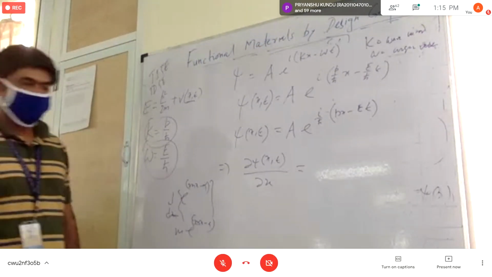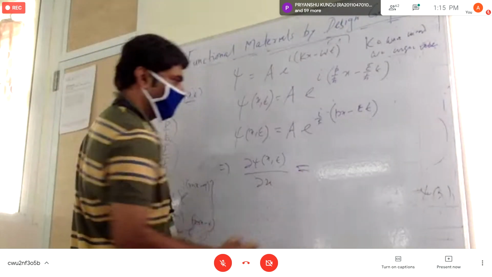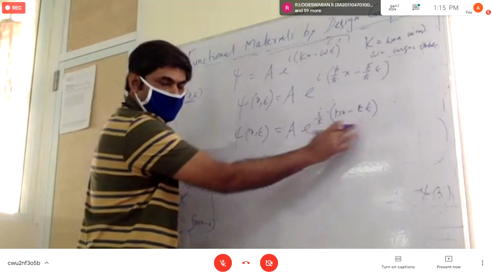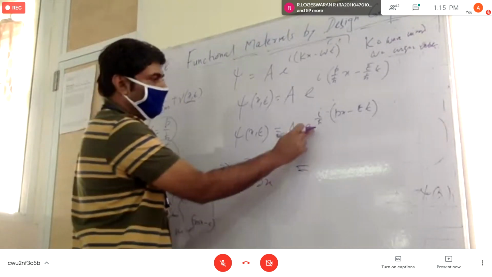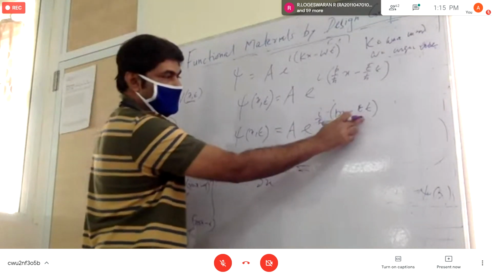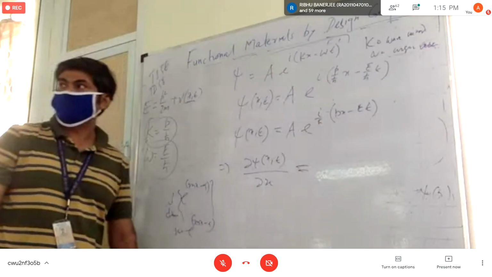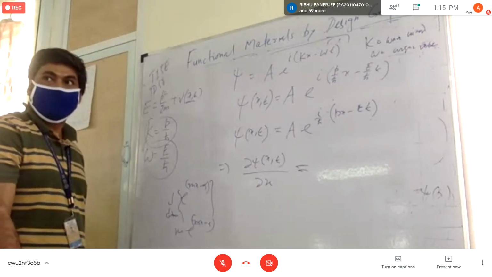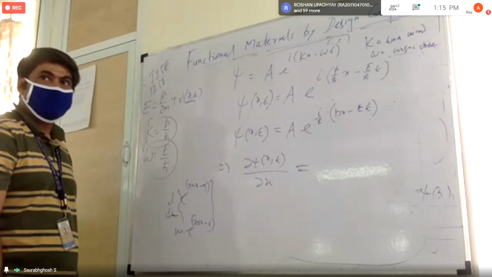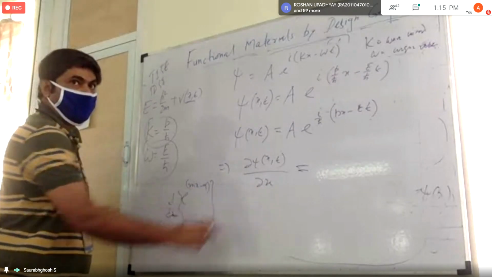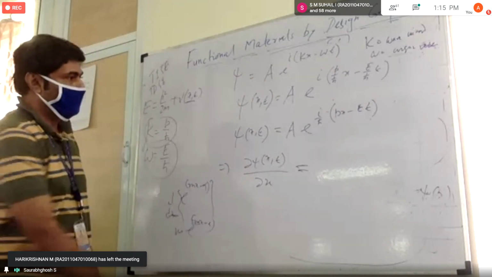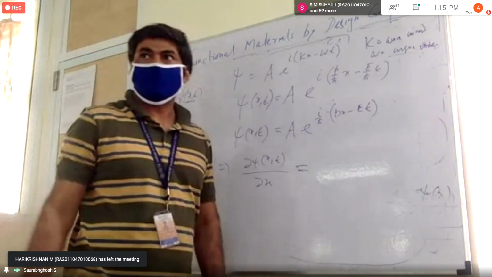Similarly here, this A is a constant, and then you have e to the power i by h cut, (px minus Et). You're doing partial differentiation, so you have to differentiate only with respect to x, and you treat t as a constant.